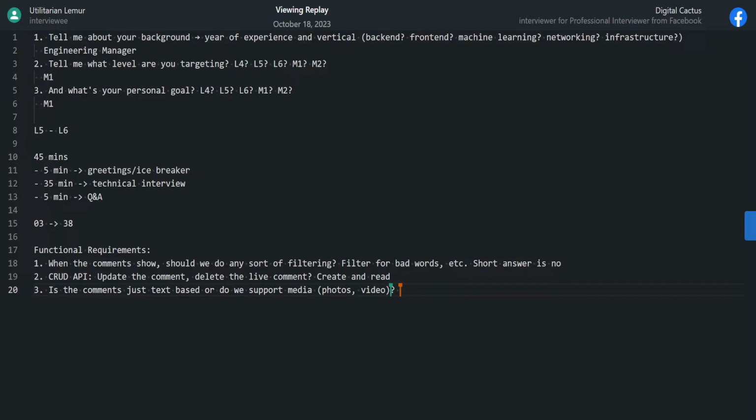Photo, media, I want to cover that, but I don't think that's important right now. All right. Okay. Just text-based for now.